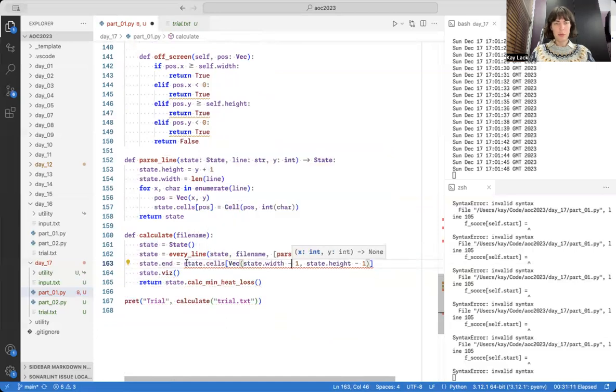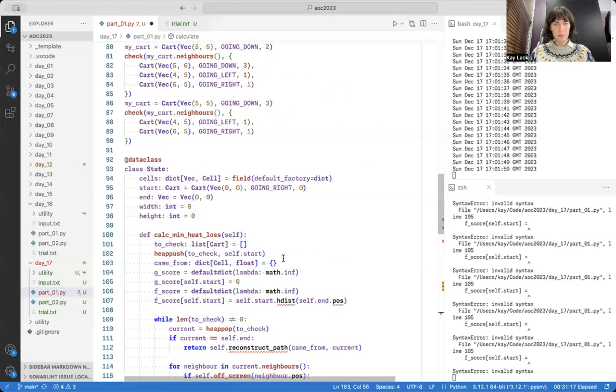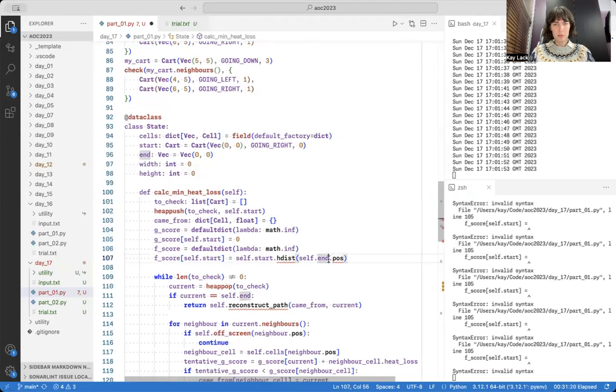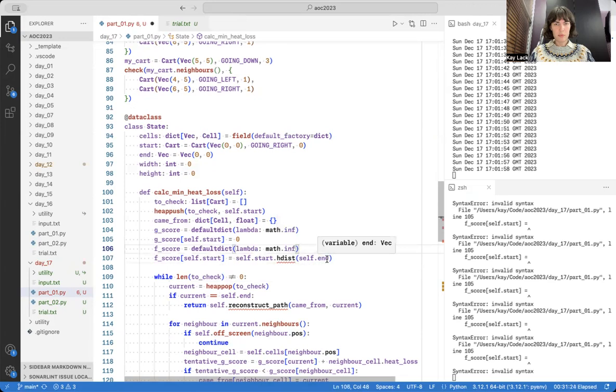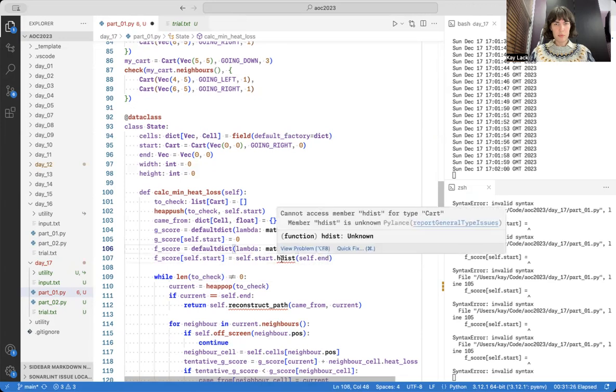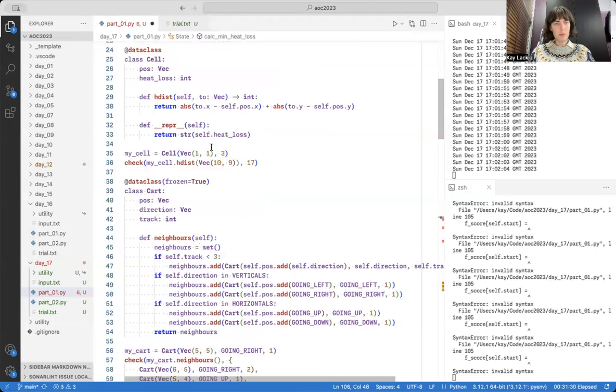Don't need that anymore. That could be that. We can put this on here in the end.